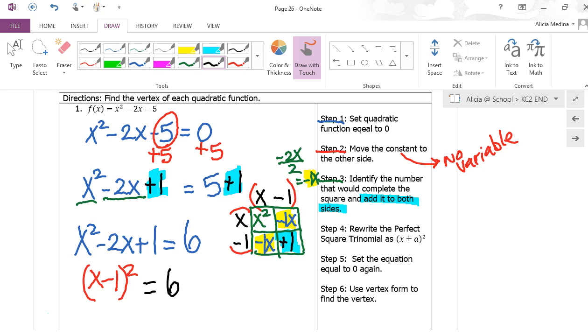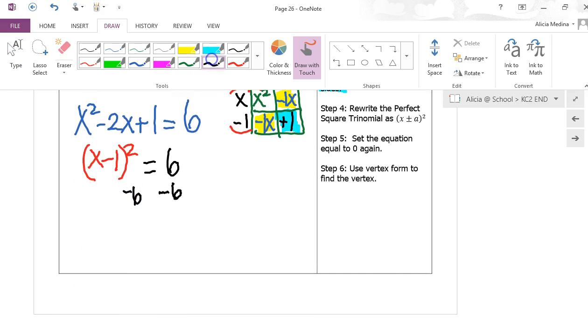Alright, next step says set the equation equal to 0 again. So that 6 has to move over to the other side. So I'm going to subtract 6 on both sides. My final equation then is going to look like the quantity of x minus 1 squared minus 6 equal to 0. Final step then says use vertex form to find what the vertex is.